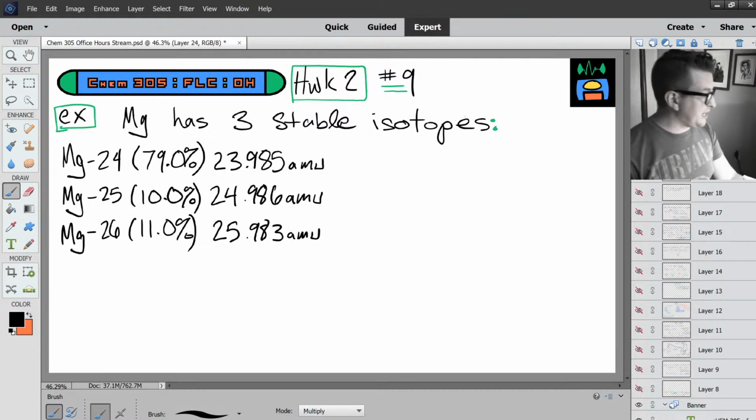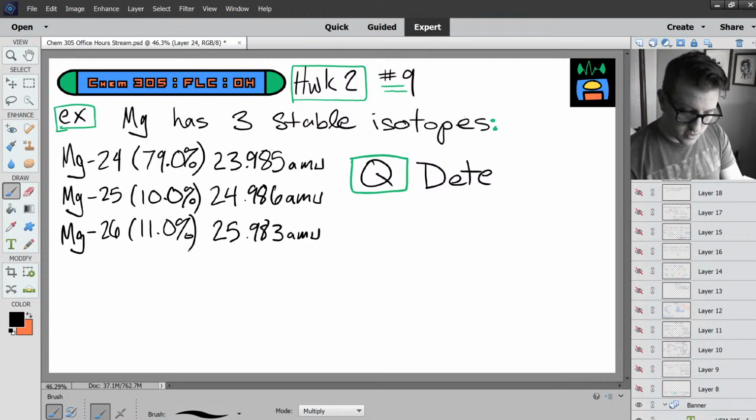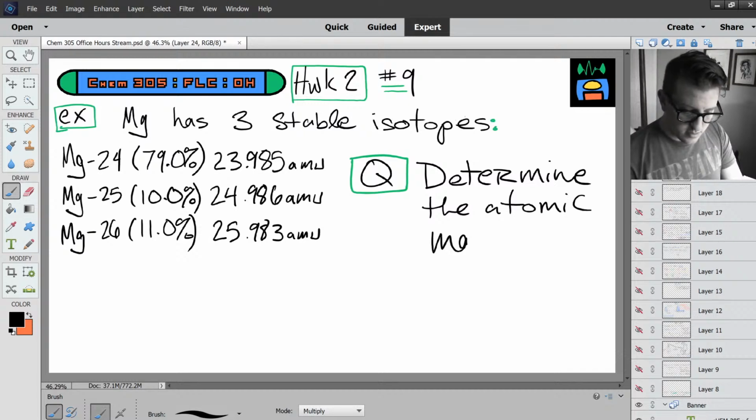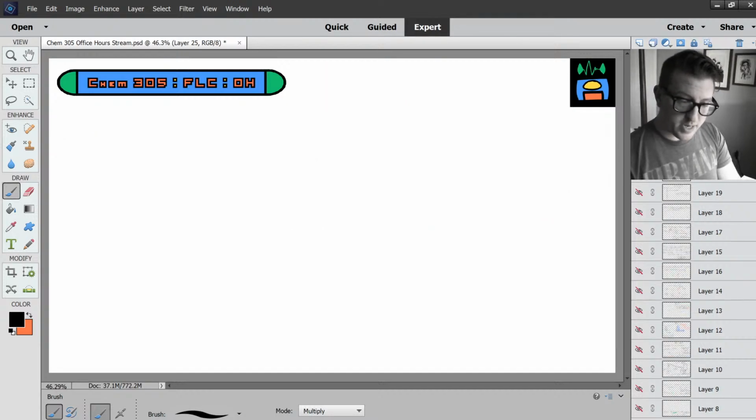Okay, so these are the masses and the percent abundance of each, and the question that we're being asked to solve is to determine the atomic mass. Let's open up a new slide.